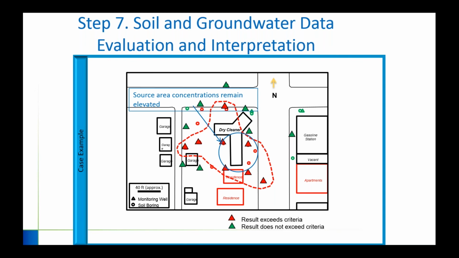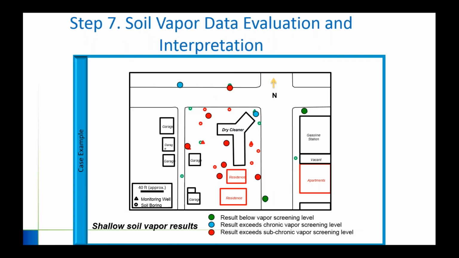Then we talked about the fact that the remedy wasn't really responding. Hold on to that thought for a minute, but additional data were collected within the source area to try to see what was going on there. Probably the biggest data gap, at least in my opinion about this site, was the soil vapor. They did a whole bunch of sampling, and there are actually 2 different screening levels here, but the bottom line is only the green symbols are below all the standards.